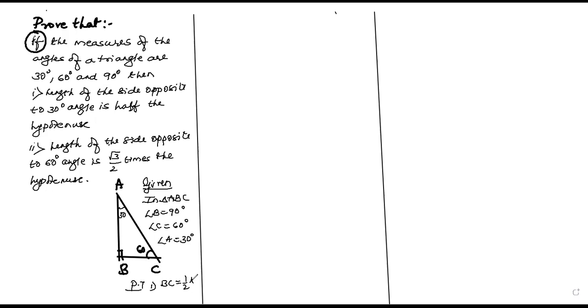And you have to prove the side opposite to 60, AB, is root 3 upon 2 AC. Okay? You want to prove this.